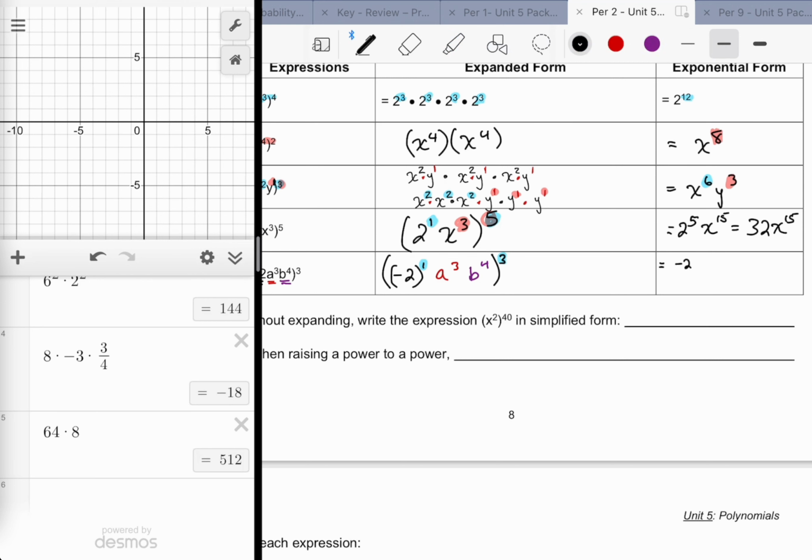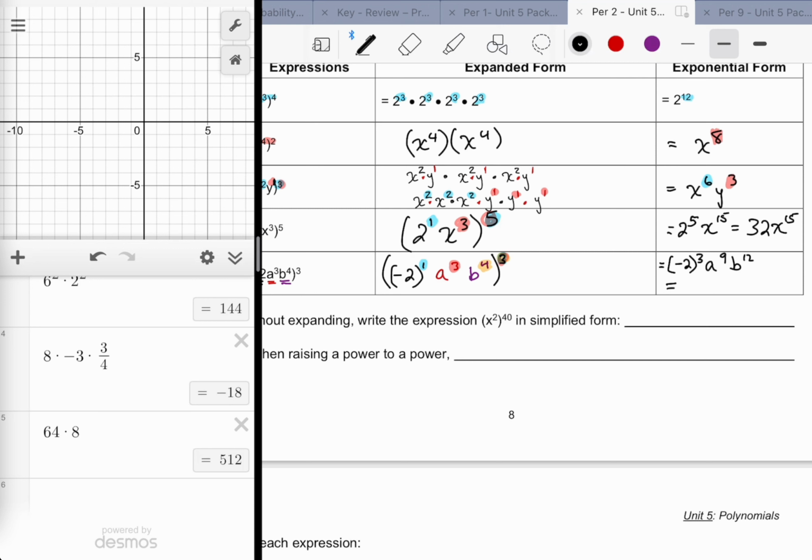So -2 to the third, three times 3 is going to give you a 9, so a to the 9th. 4 times 3 is going to give you 12, so b to the 12th. The only thing that we would need to do here is figure out what -2 to the third power is.